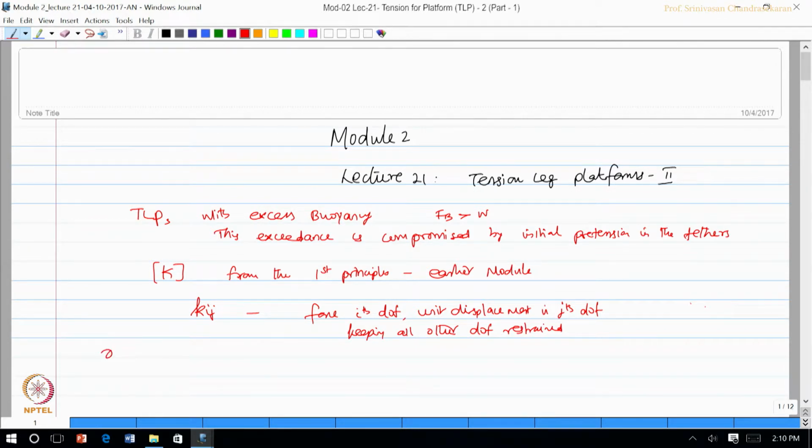So, we give unit displacement in surge, we give unit displacement in sway, and we developed coefficients along the first two columns of the stiffness matrix.